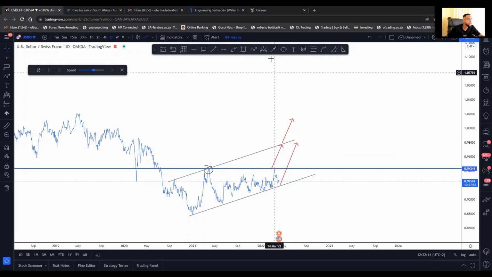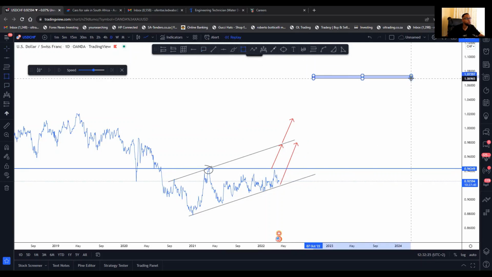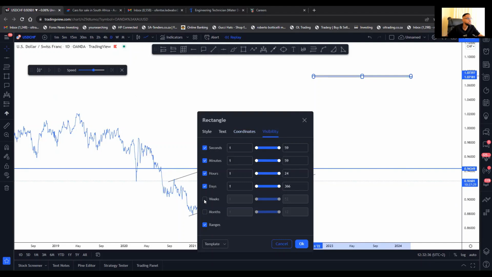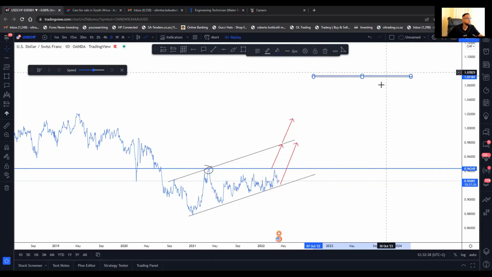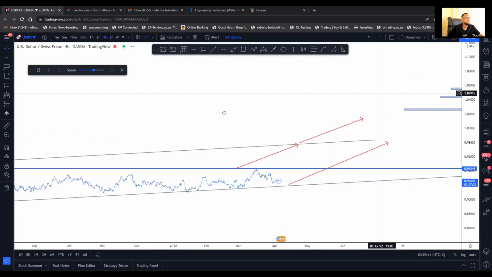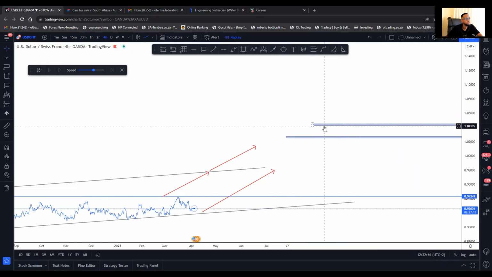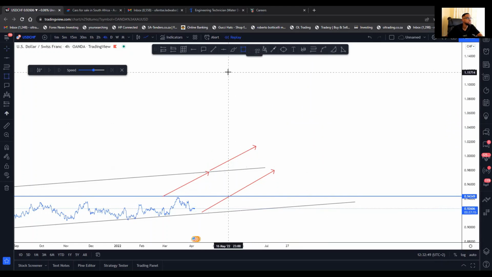So you need to know that not only will you have these two types of support and resistance, you also have the diagonal ones.